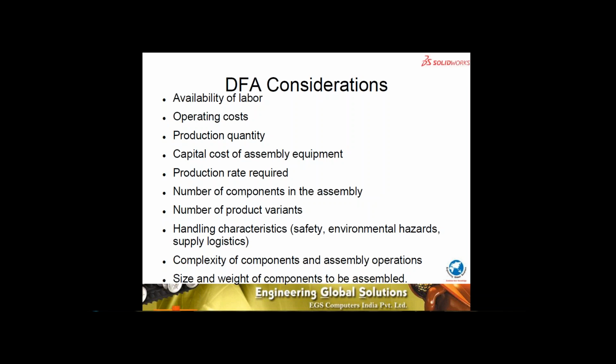So when the number of components comes down, the dynamic interaction of the tolerances based on the position and the orientation of the components in the assembly comes down drastically, leading to fewer things that can go wrong in an assembly or in a part production process. So DFA considerations could make or break a company.